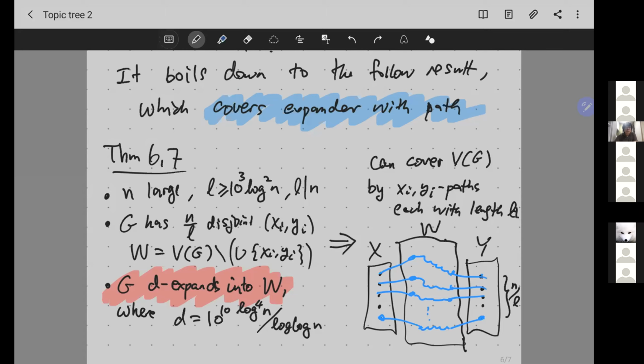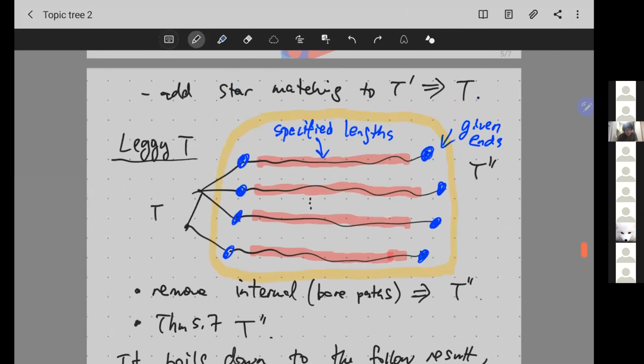Dongyop is asking, while the theorem gives an embedding result for a fixed tree T, the proof seems to give a universal embedding result for leggy spanning trees. Yes, you are right. For the leggy case, it gives universality because embedding T double prime, the 5.7, is a universality result. And to embed these trees, we use a deterministic pseudo-random expansion property, so that does not rely on the randomness.